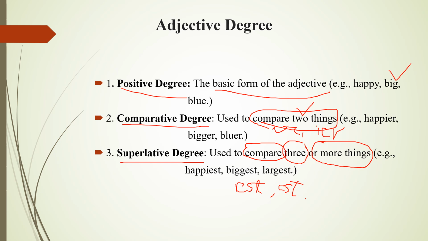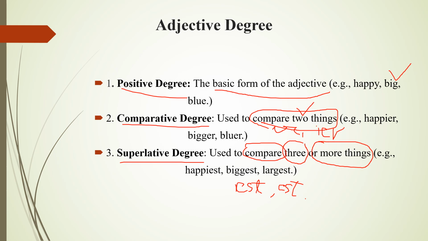So in this way, we can say that there are three types of adjective degrees. First is positive degree, where there is no comparison, and where we talk about one person or one individual only. It may be a person, it may be a thing. For example, I have a big house. I am a happy person. I have a blue shirt.